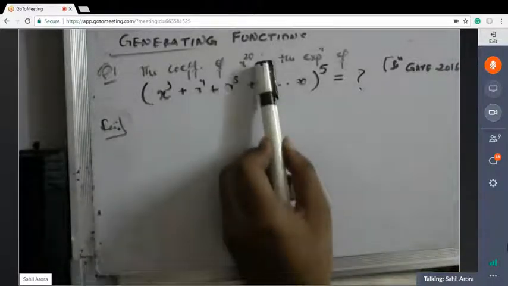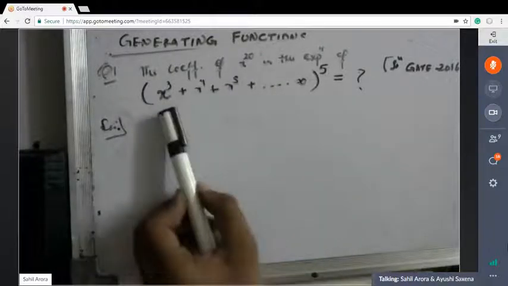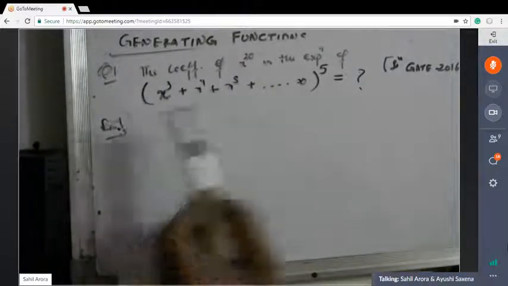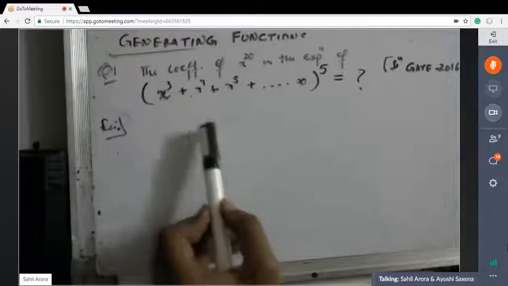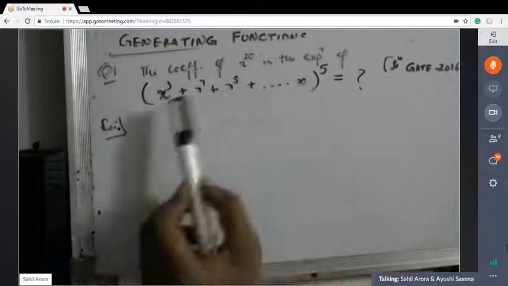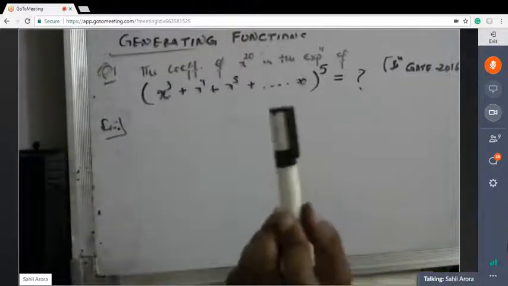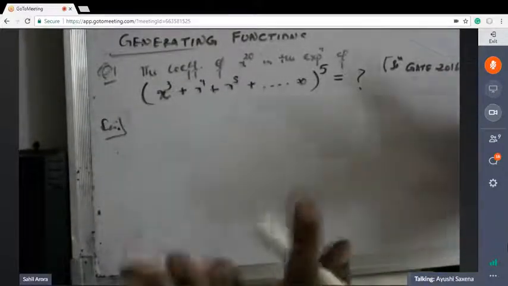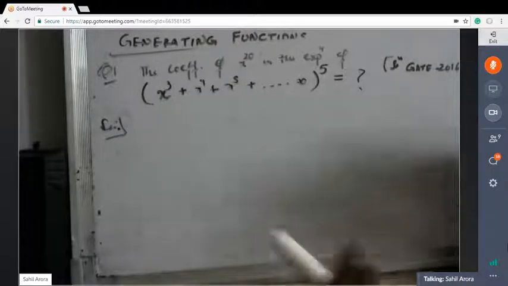We need to find 20, so from the remaining we just need to find the coefficient of x to the power 5. Then this whole expansion is 1 upon (1 minus x) whole power 5, so we can directly use it.